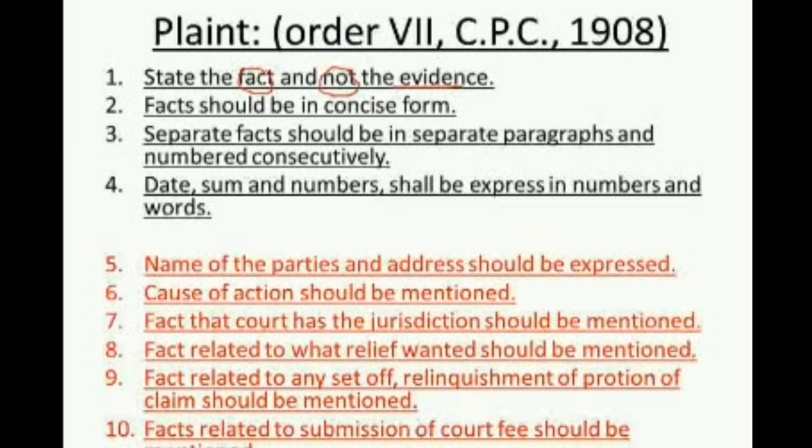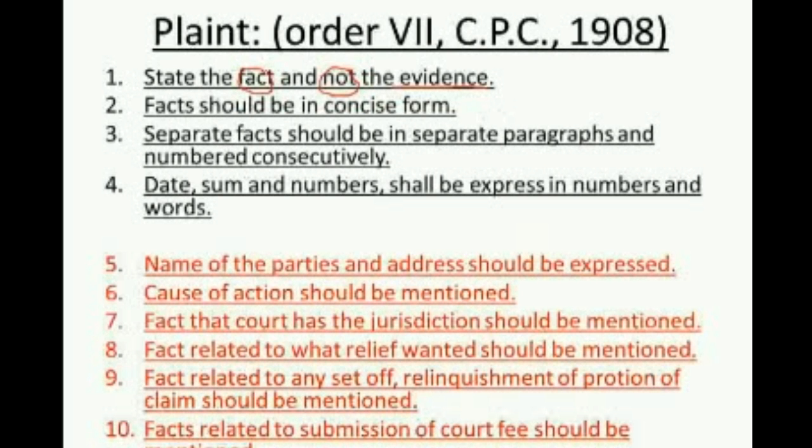What you have to do is just write the fact and not the evidence according to which those facts have been proved or are going to be proved, because the court has to decide which evidence is correct or not. You cannot suggest to the court that you can take this evidence or that evidence. What you have to do is just put your fact into your plaint and not the evidence.